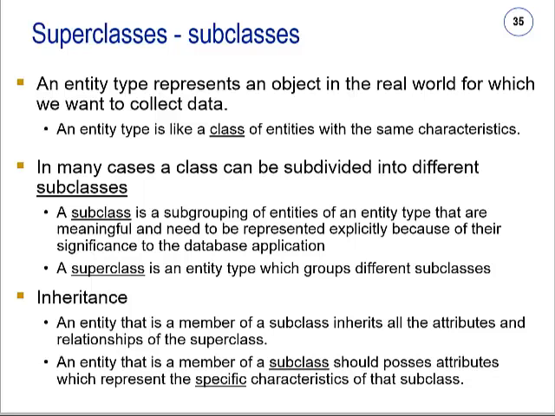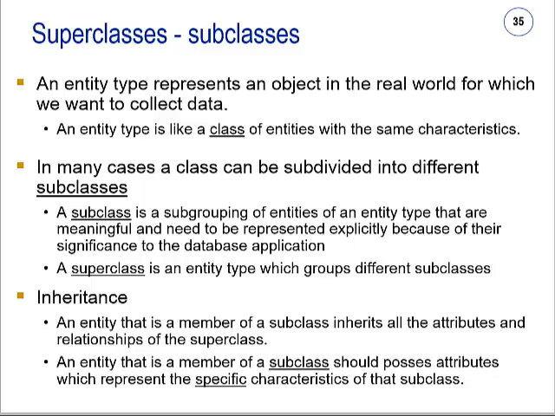A subclass is then a subgrouping of entities, either professors or students, of an entity type, in our case person, that are meaningful and need to be represented explicitly because of their significance to the database application. In other words, in our setting, it is important to distinguish between professors and students. A superclass is an entity type which groups different subclasses. Think about the person superclass, which groups the subclasses of professor and student.